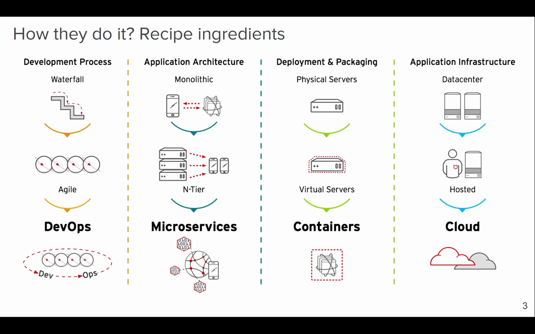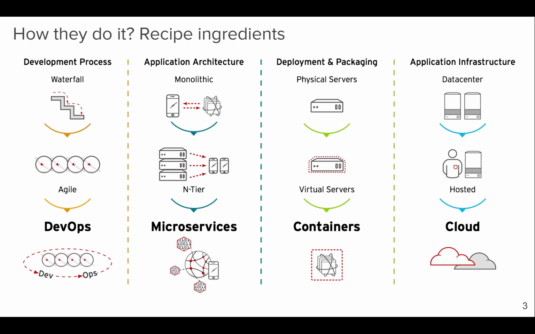Application architecture is moving from monolithic to multi-tier to microservices, which is a new trend. Packaging has moved from physical to virtual servers and now to containers. And application infrastructure is moving from data center to hosted, private cloud, or public cloud.